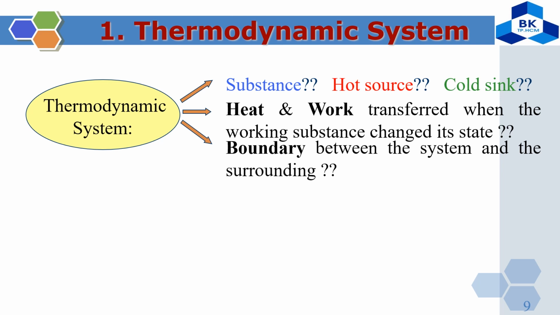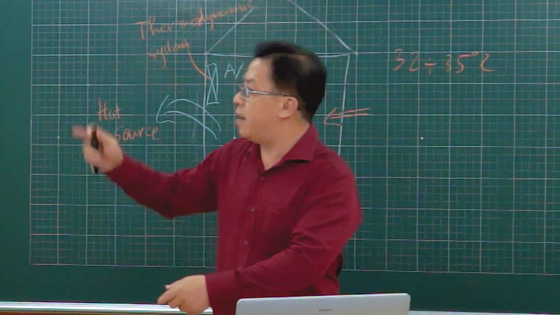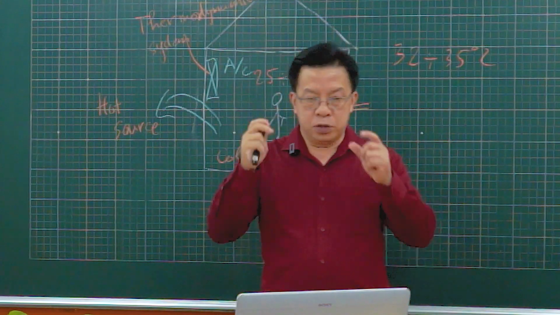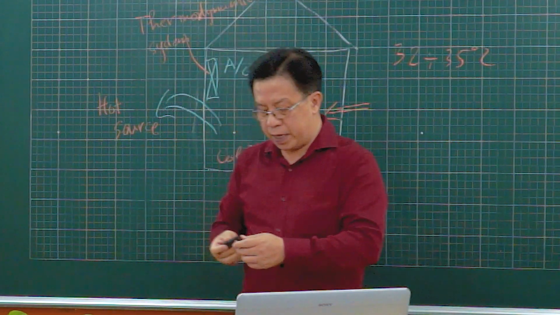All right, and the boundary, as we just mentioned, is between the system and the surrounding. So when we talk about the thermodynamic system, we have to find out all these elements to be able to know exactly the thermodynamic system.